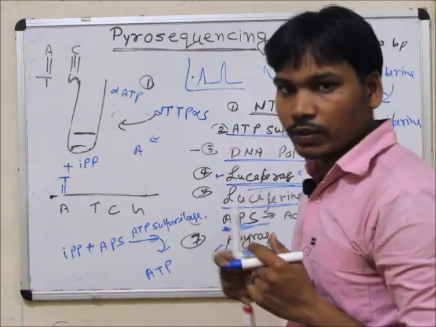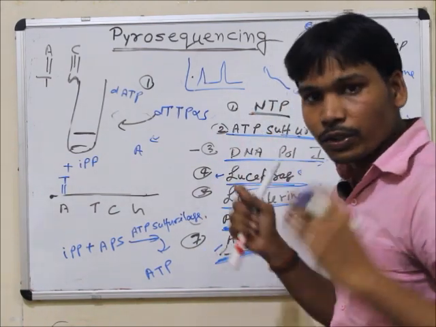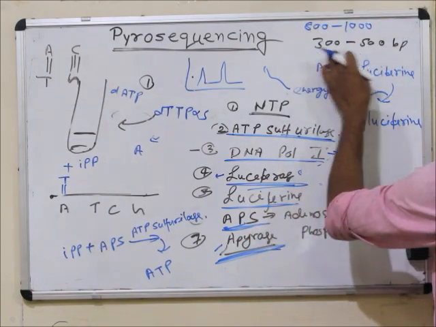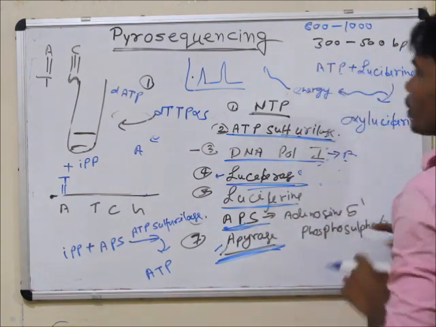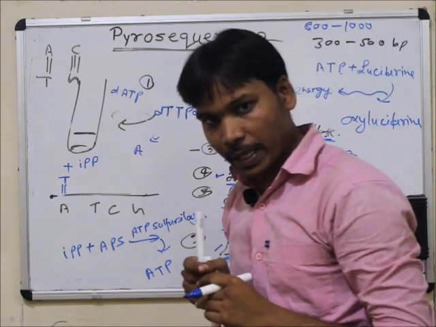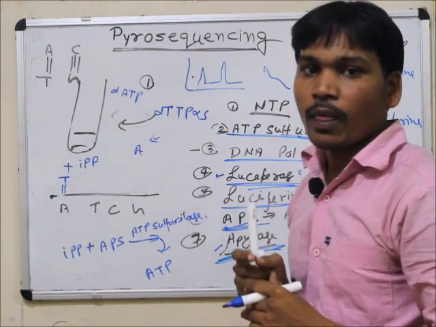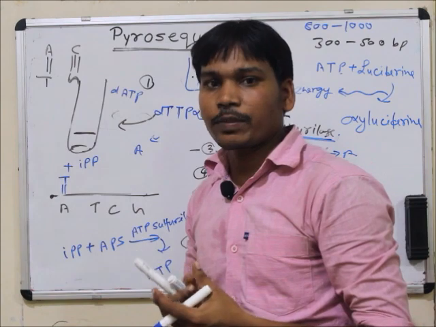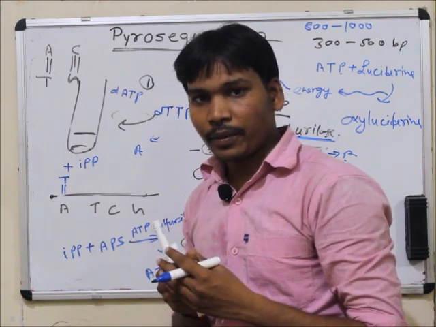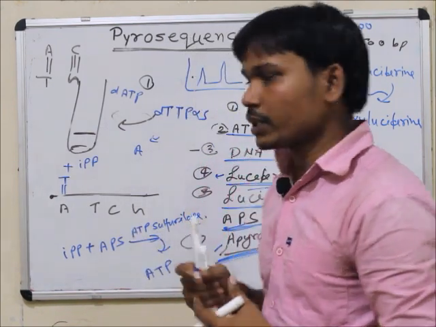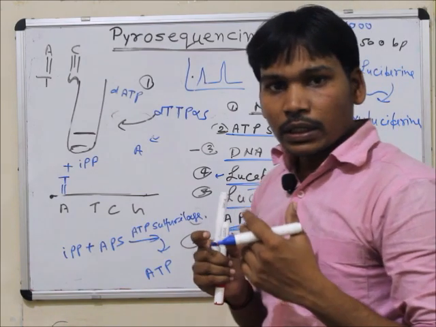So different reactions will take place for longer genomic DNA sequences. But only 300 to 500 base pairs are sequenced by the pyrosequencing method. This is the drawback of pyrosequencing. So repetitive DNA sequences cannot be sequenced properly, and longer DNA sequences also cannot be.